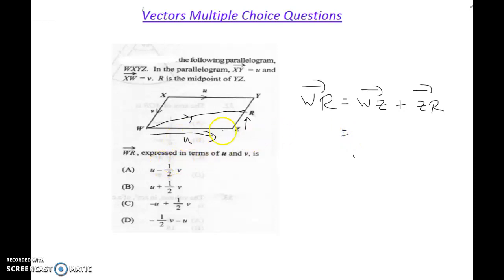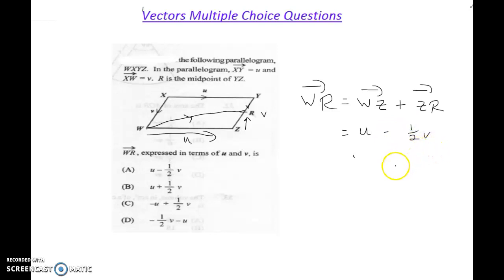So that's u now. Looking at our diagram, XW is v, so that means YZ would also be v, coming this way. But we're actually going up the opposite direction. So really, WZ is u, and then ZR would be minus a half v.